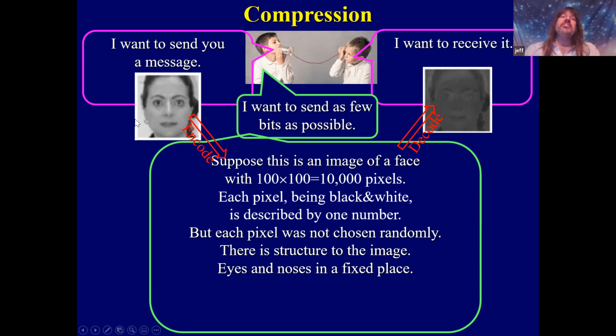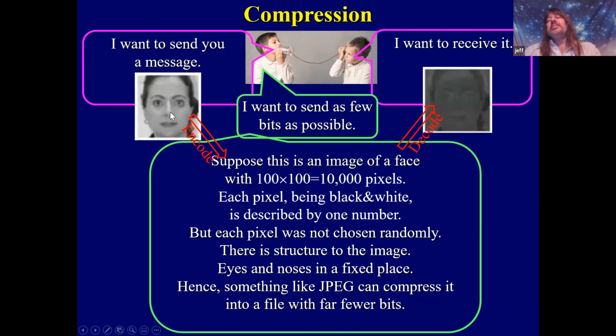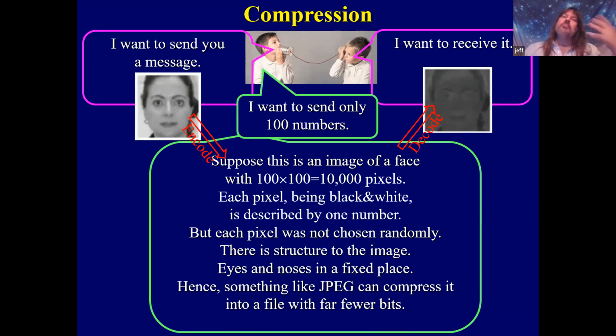This kind of image recognition was, back in the 80s or something, when they made everybody look straight ahead, so the nose was always in the middle. So there's a pattern to it, and we can use that pattern to compress the image down into only 100 numbers. This was reconstructed from 100 numbers.